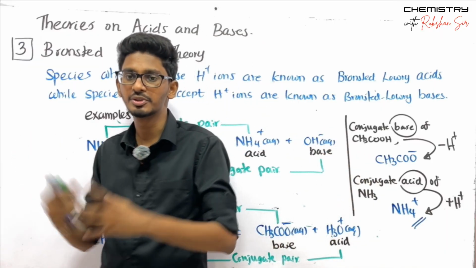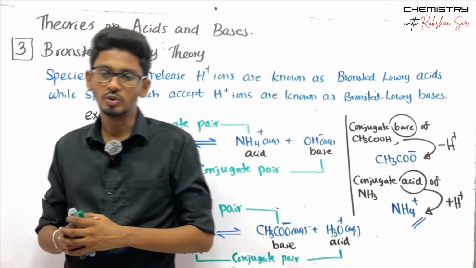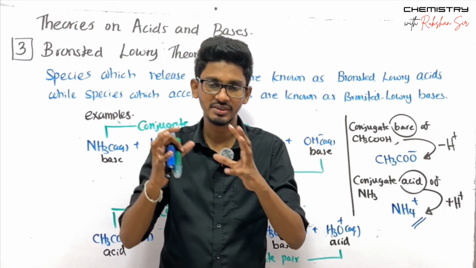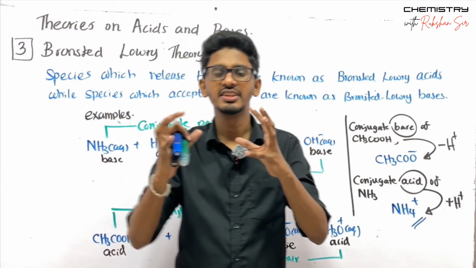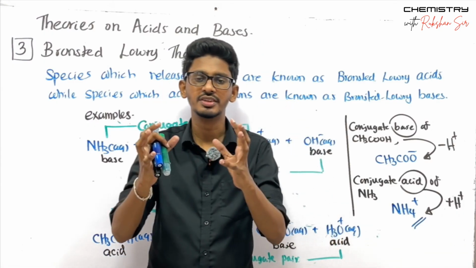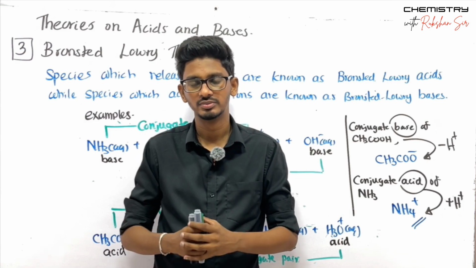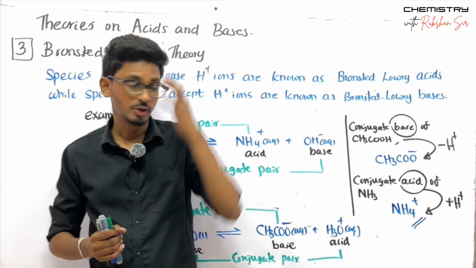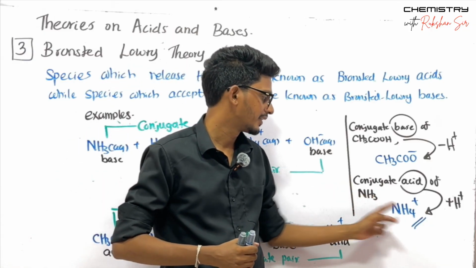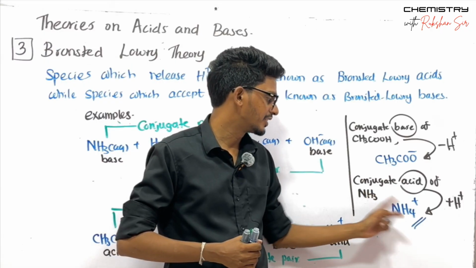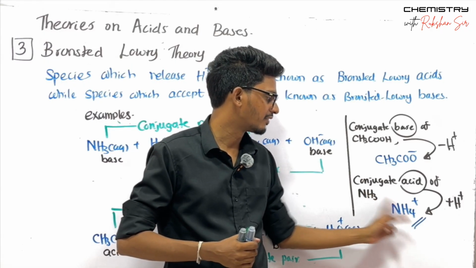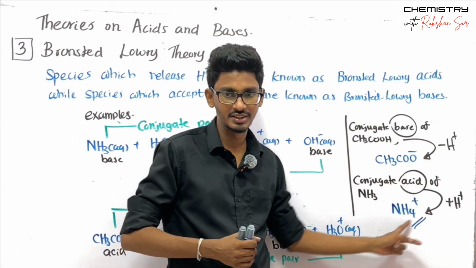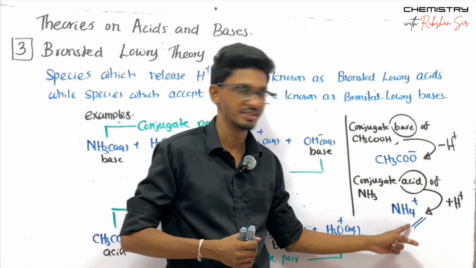If they have asked you to come up with the conjugate acid of a given species, what you need to do is just add an H plus and write it, because among the pair, the one you are supposed to write is the one with more H pluses.